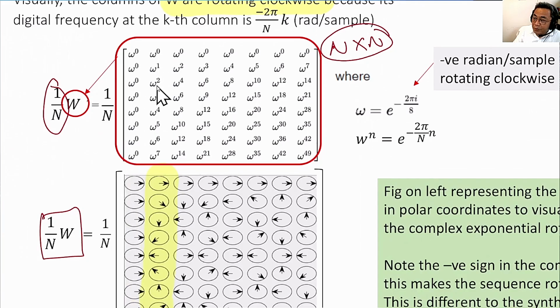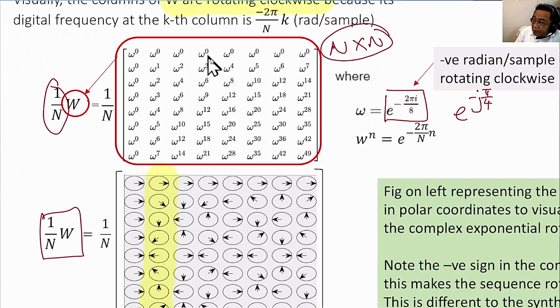W0, W1, W2, it is changing by this complex exponential here, and in this example you see that it is rotating by pi over 4, and because of this negative sign, it is rotating clockwise. So W0 to W1 is rotating clockwise by 45 degrees. W1 to W2 is also rotating clockwise by 45 degrees.